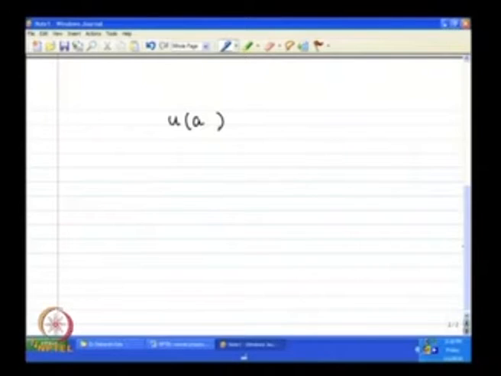Okay. So, if a is chosen in such a way that u is the highest value, then that is the action that is going to be taken by that player. But in game theory, we are moving away from that framework, because if you remember, here we are talking about interactions.